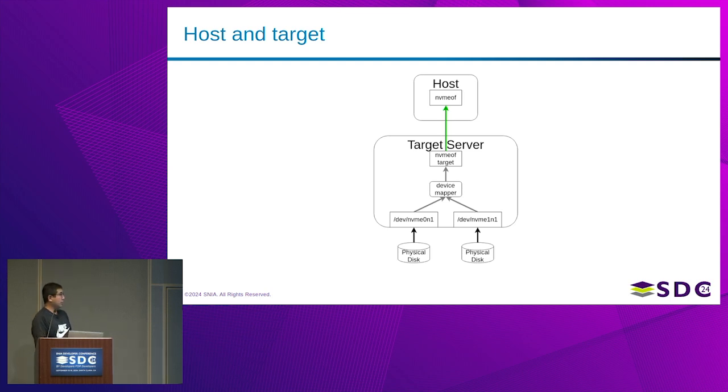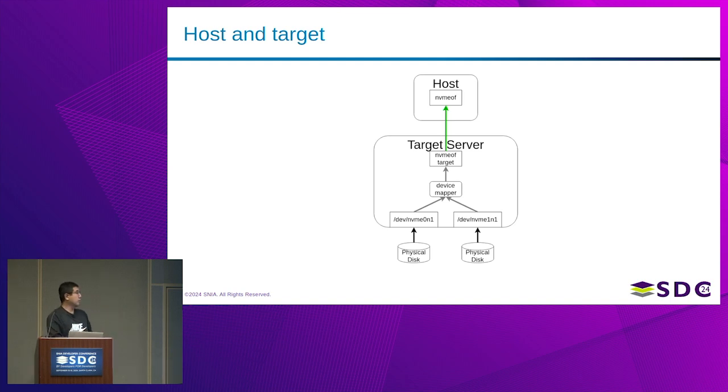We split the architecture to host and target server. We create a disk on the target server and export it over the NVMe protocol to the host. In this case, we can let the target server export to different hosts.